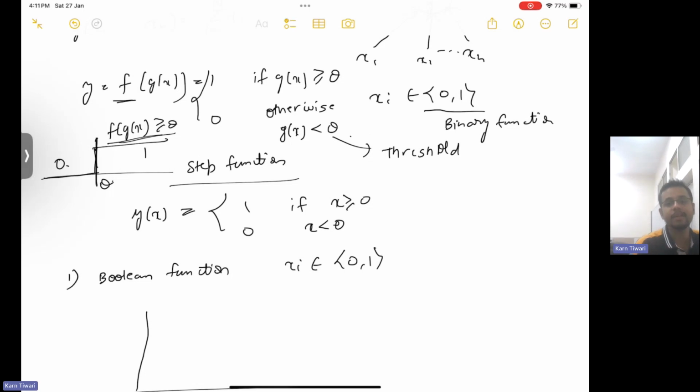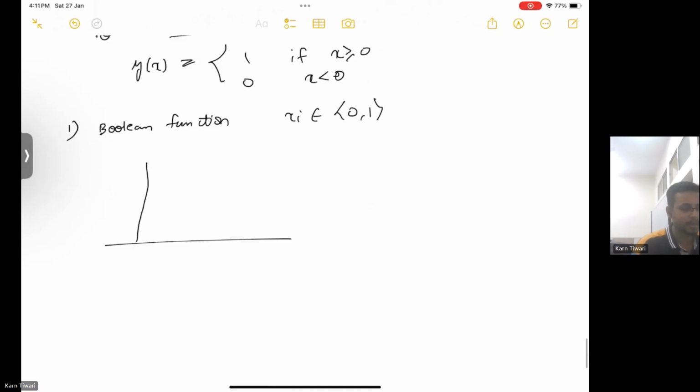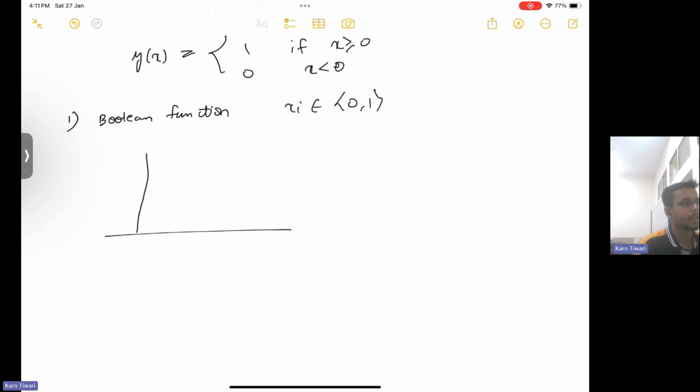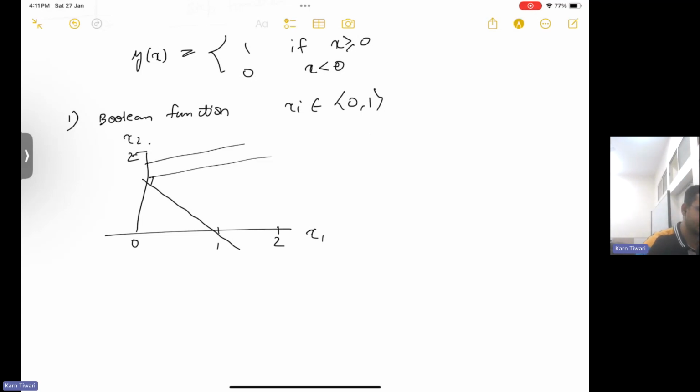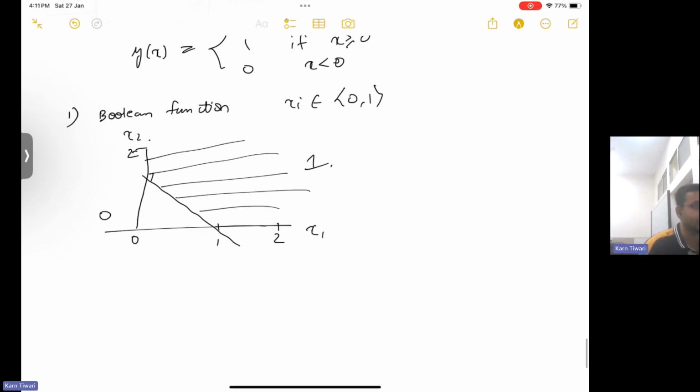You can think of it as a decision line. Basically they have given this point 1, 1, with X1, X2. Points on the boundary or to the right of the boundary are classified as 1. So this area is classified as 1, otherwise it is 0.